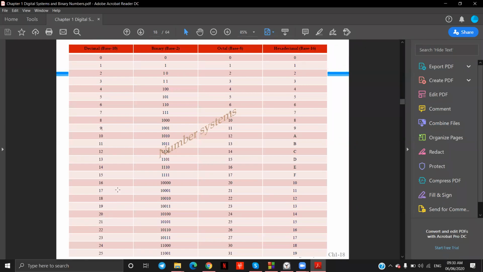In binary, 0 and 1 are repeated every 2 times. Similarly, in octal, 0 to 7 is repeated every 8 times, and 0 to F is repeated every 16 times.